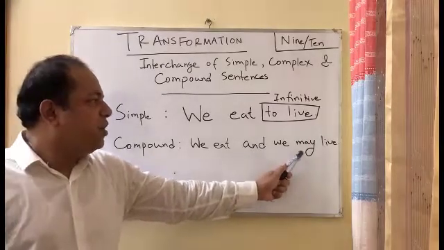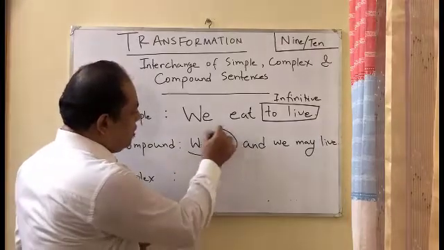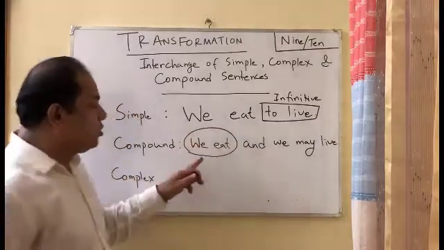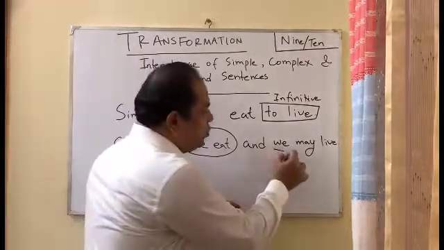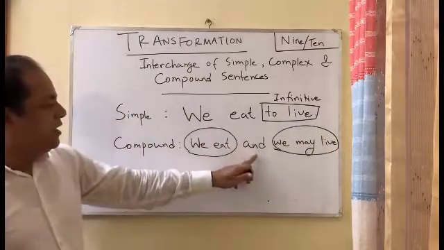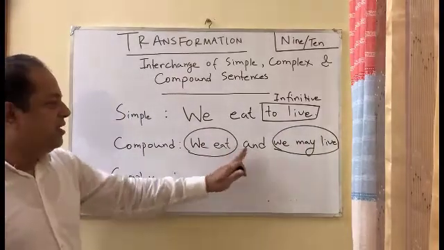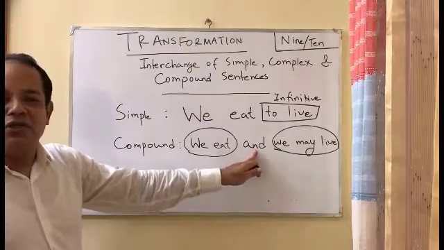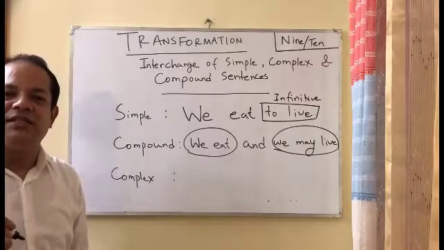So this is coordinating clause 1, and this is coordinating clause 2. And it is linked or connected with fanboys or coordinating conjunction "and". So this is the characteristic of compound sentence.